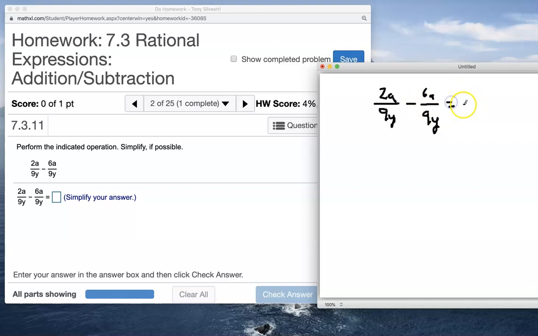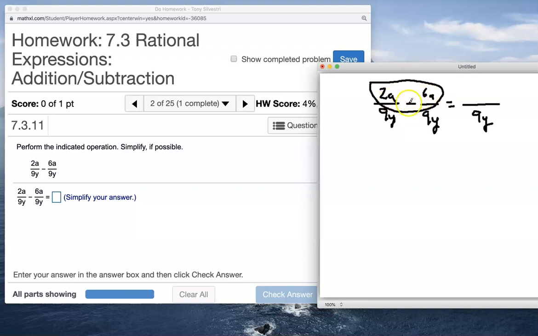I'm happy because I see the same denominator. And when you have the same denominator, your end answer is going to have the same denominator. Now you just subtract the tops. Now, when subtracting the tops, there's a little gotcha with subtraction. That gotcha doesn't present itself here because there's only one term to the right.